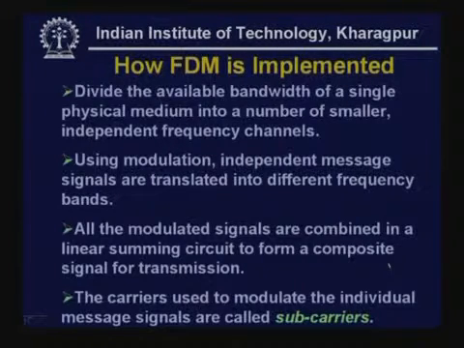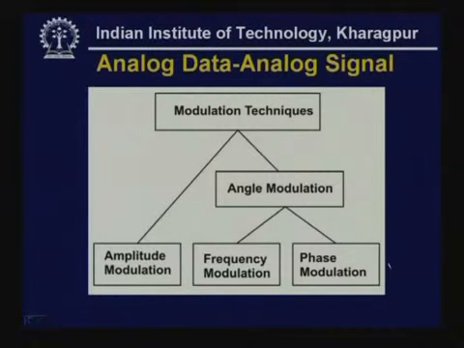Here we are not using a single frequency carrier but a number of frequency carriers, and we can use one of three techniques: amplitude modulation, frequency modulation or phase modulation, to generate the analog signal and to translate the individual frequencies to different frequency bands.